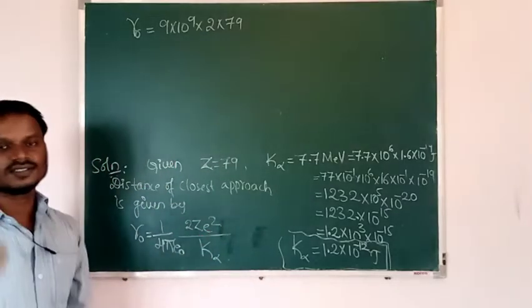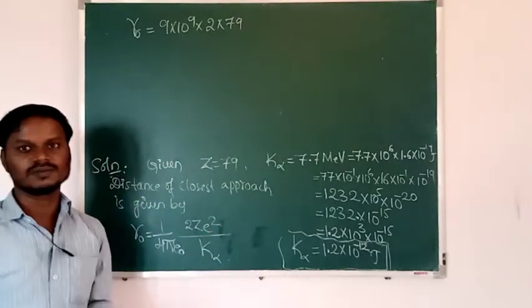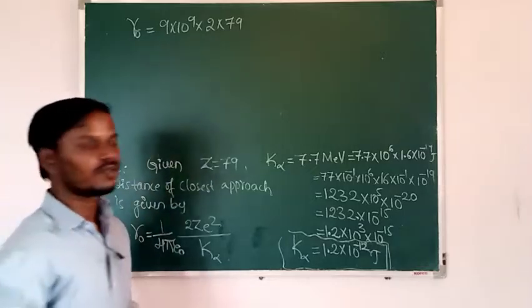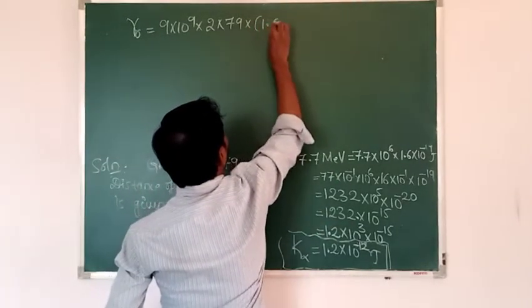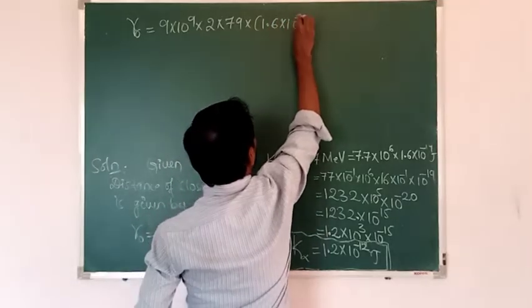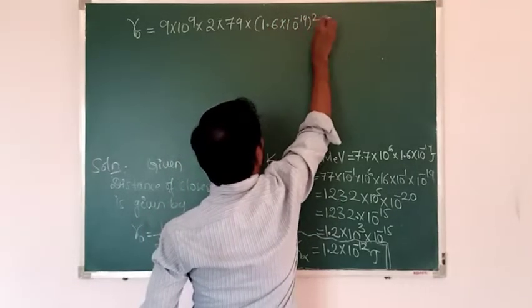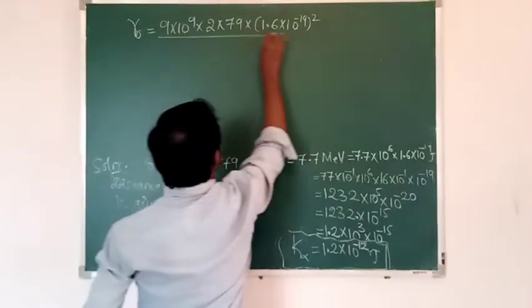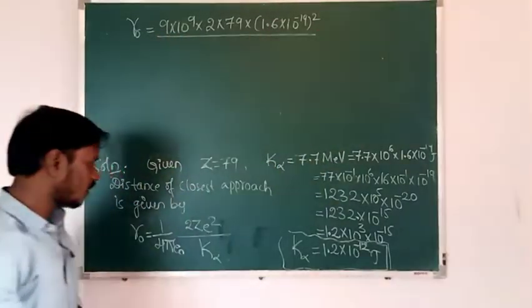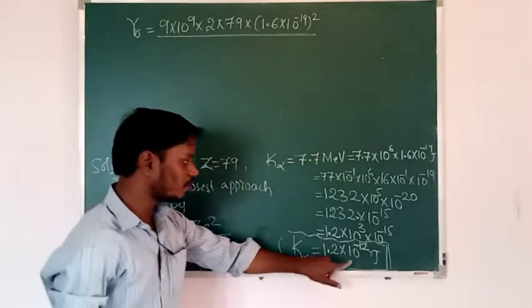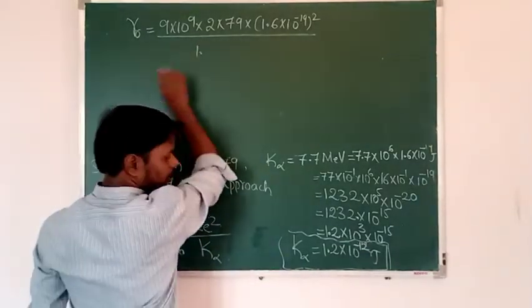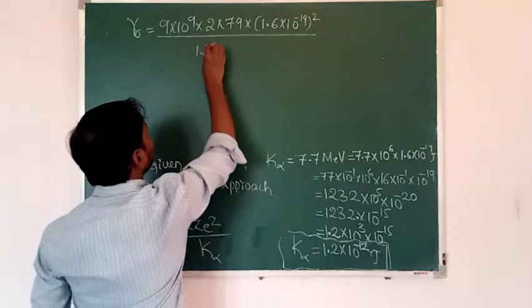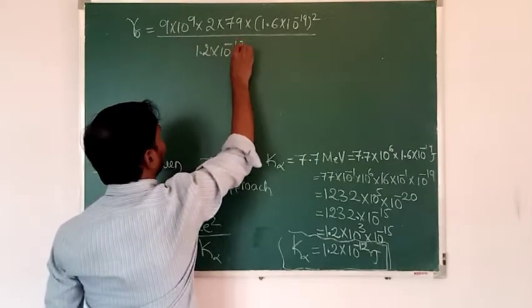What is the charge on proton? That is 1.6 into 10 to the power of minus 19 coulomb, squared, divided by the kinetic energy of the alpha particle, that is 1.2 into 10 to the power of minus 12 joule.